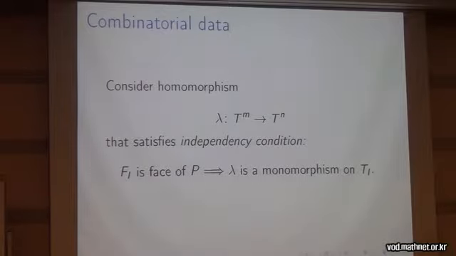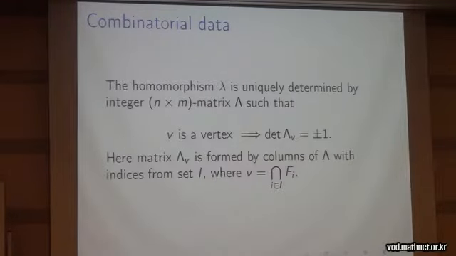So lambda is necessarily a map onto. And lambda is in fact a combinatorial object. It is determined by an integer matrix such that if v is a vertex, then we can form a square integer matrix, and the isomorphism condition is equivalent to the fact that the determinant is plus or minus 1.